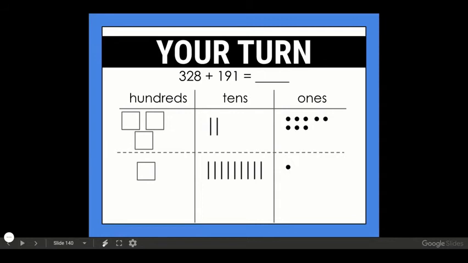Okay, what do we need to do now? We need to combine our ones. Go ahead and count how many total ones there are and decide, do we need to regroup? Do we need to make our 10 ones into a 10?